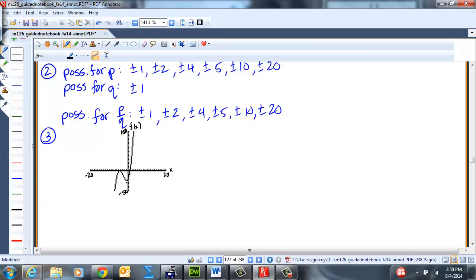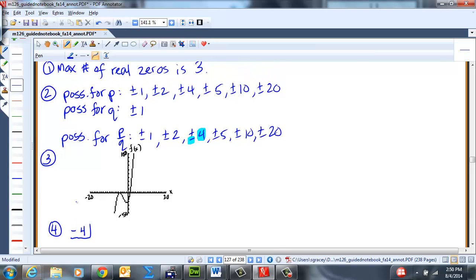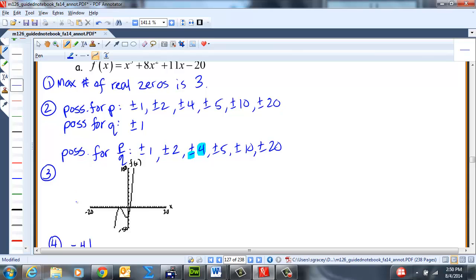So let's see, I'm going to try x equal to negative 4, I'm going to see if that works. So we had seen that when it was more close. So I'm going to try that one, where this negative 4 here is a potential 0. So the way we do that is we divide. So step 4, my c is negative 4. And then if you look at the coefficients of our function, it'll be 1, 8, 11, and negative 20.